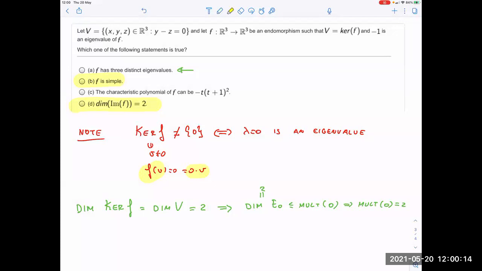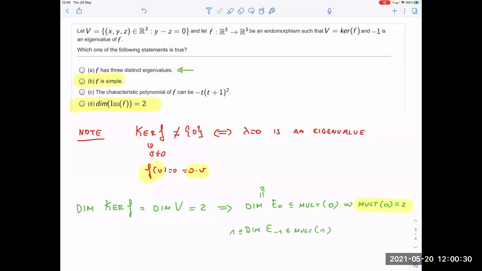Good. Then we also know that -1 is an eigenvalue, so we also know that the dimension of E-1 is greater or equal than 1, less or equal than the multiplicity.